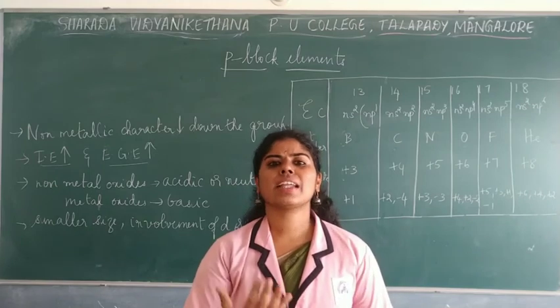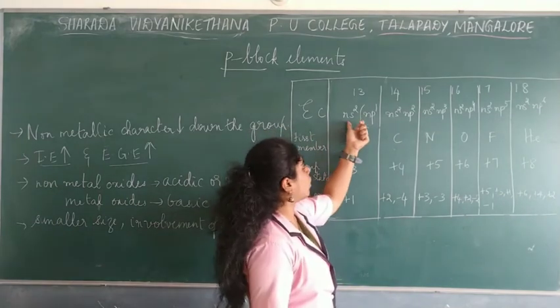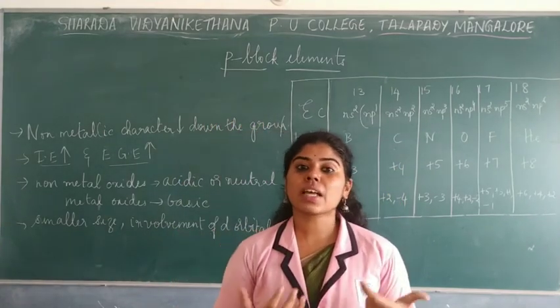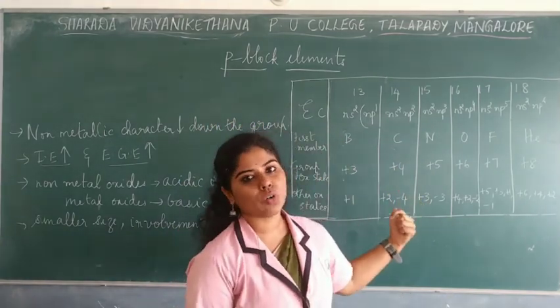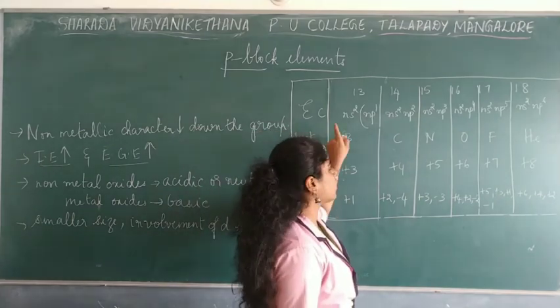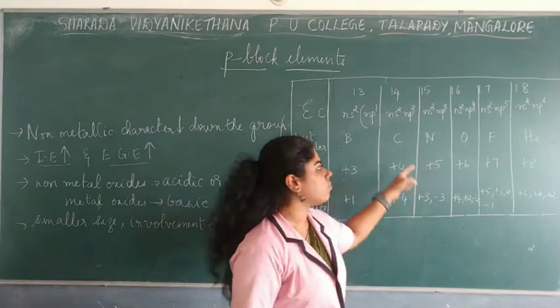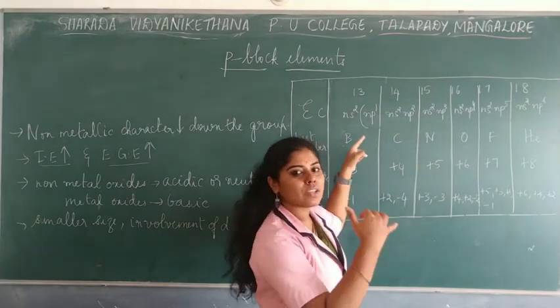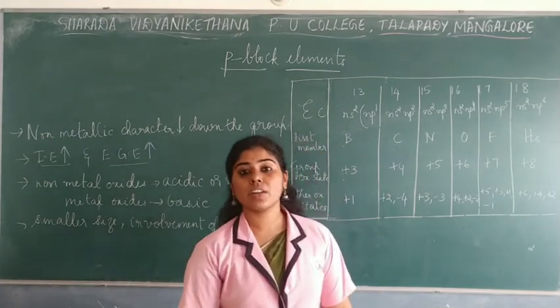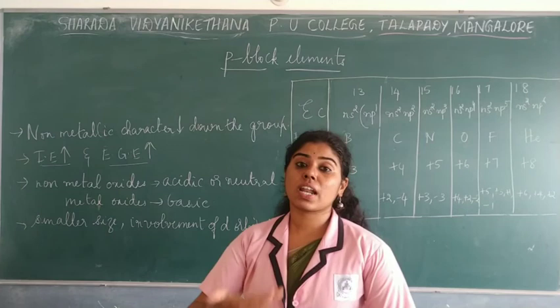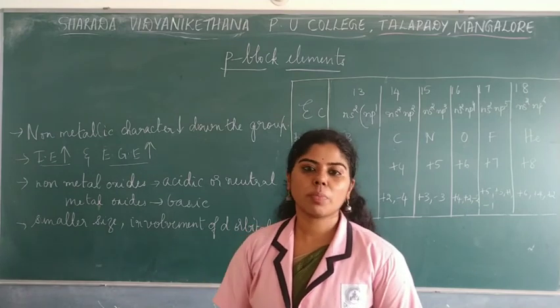So how many orbitals can it have? s as well as p, totally 4 orbitals. So it is slightly minimum compared to all the other elements as you go down the group. That is one condition: there is no involvement of d orbitals for the first member of each group. But as you go down the group, the d orbitals are involved, which makes bond formation easier, because many orbitals are available for bond formation.